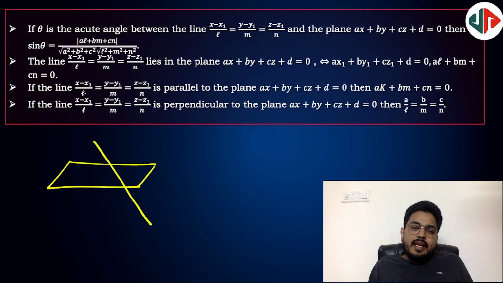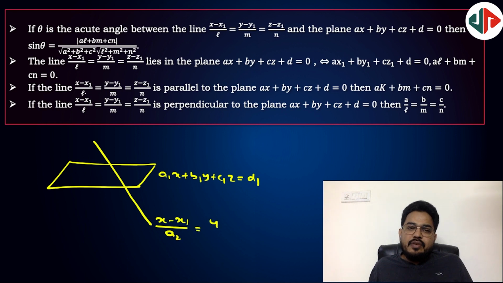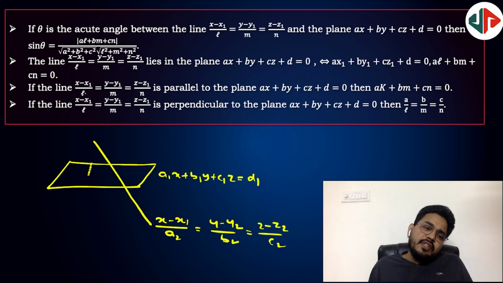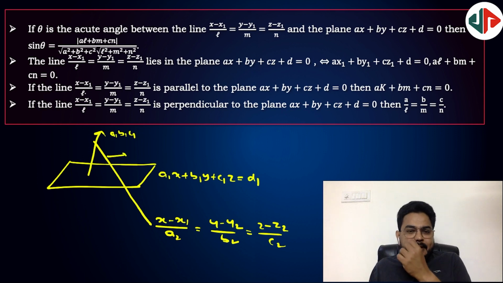So this plane is A1x plus B1y plus C1z is equal to D1. This is the line (x minus x1) by A2 is equal to (y minus y2) by B2 is equal to (z minus z2) by C2. So the DRs of the normal of the plane are A1, B1, C1. These DRs are A2, B2, C2.